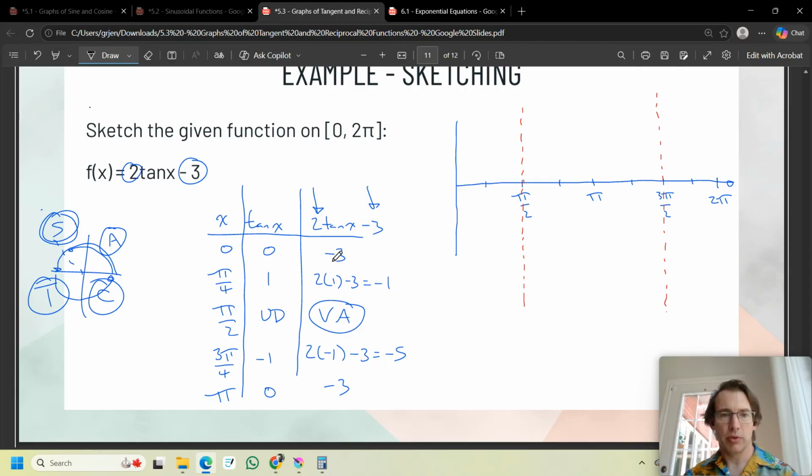So we've got 0, -3, boop. Okay, there's the point 0, -3. We've got pi by 4, -1, so we are up here. Pi on 2, this is an asymptote, so we are going to approach our asymptote. And then 3 pi by 4 is -5, so we're down here, sort of swinging up past the asymptote, and then at pi we are at -3.